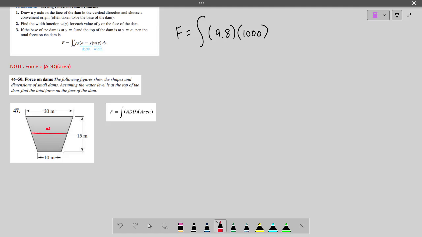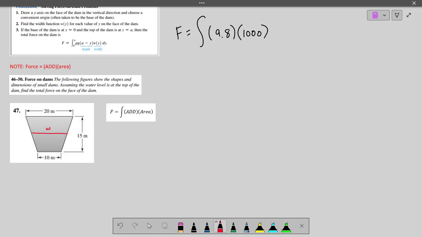It was the distance that that cross-section had to travel if we were pumping. The only change here is that that cross-section is not traveling, but it's how deep it is. So it's the distance below the surface of the water. So it still is calculated in the same exact way.